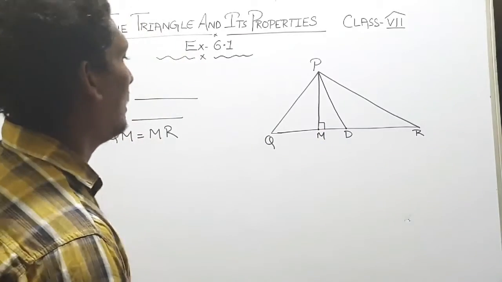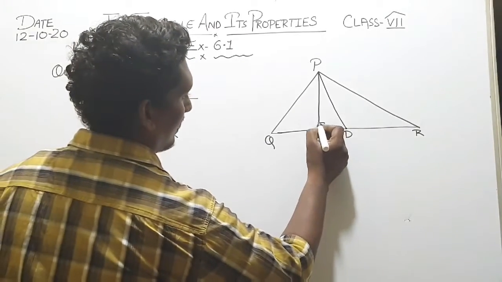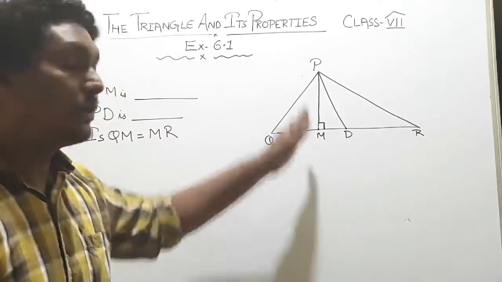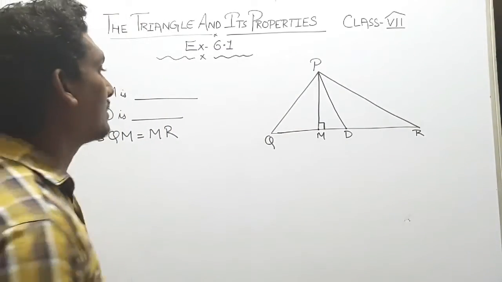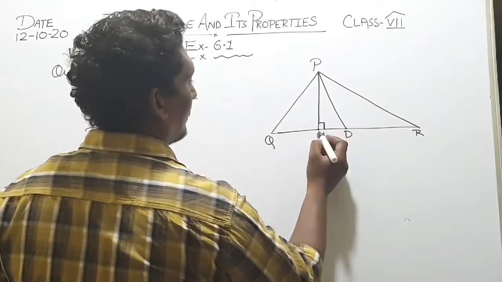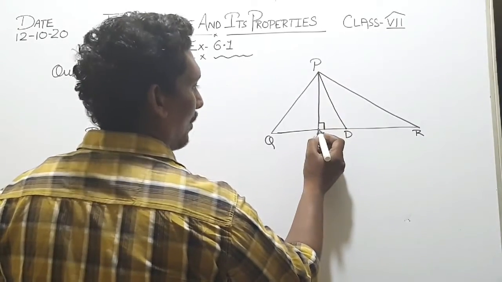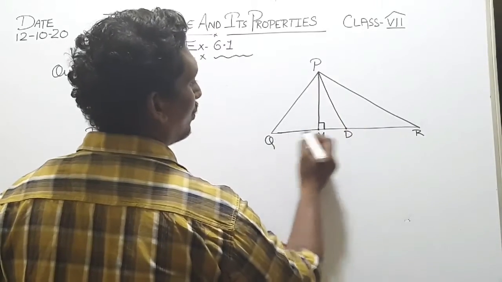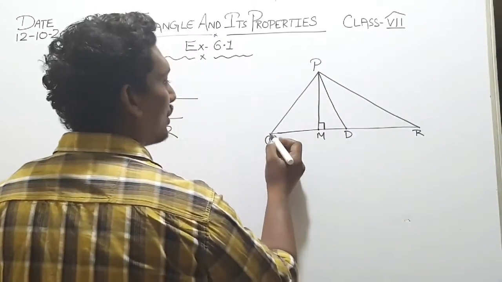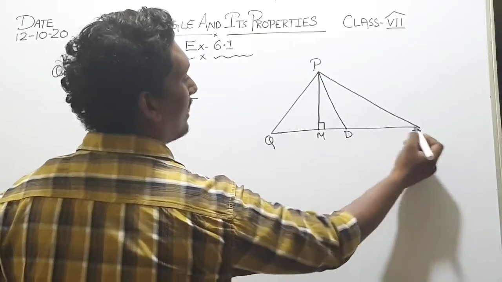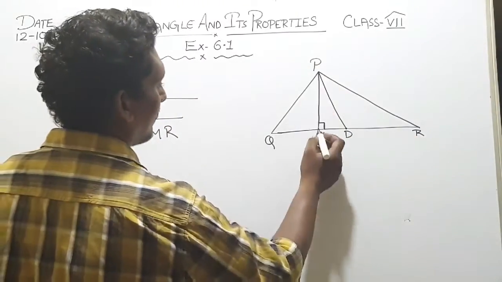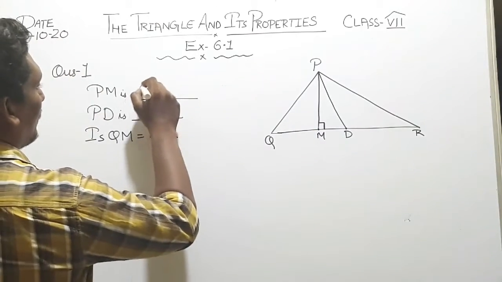This line is making an altitude here, not a median, because PM is the altitude here. D is the midpoint of QR, where QD is equal to DR. So in the first case, PM is altitude.